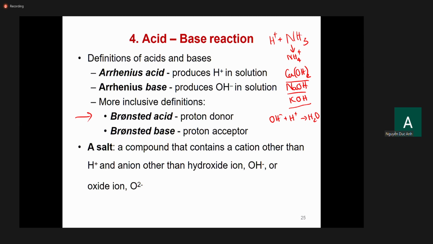From the definition of acid and base, now you have another definition related to a salt.